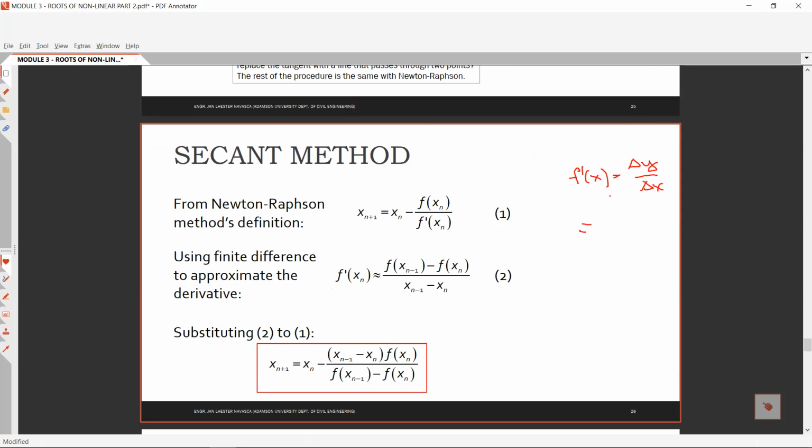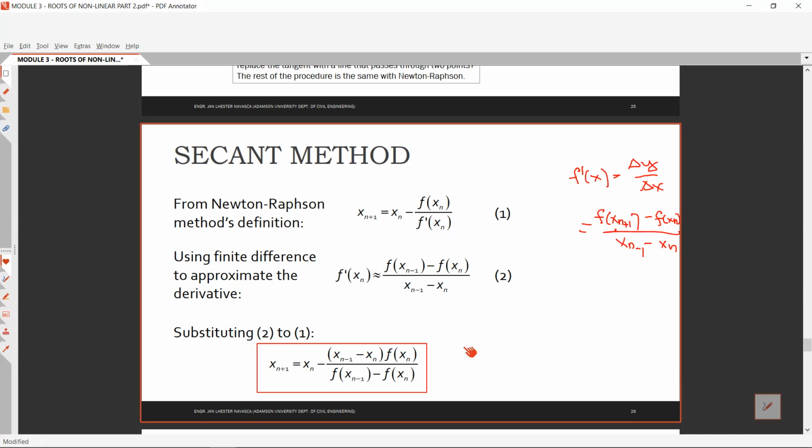Whereas change in y natin, pwede natin gawin yung f of x sub n plus 1 minus yung dating function, all over x of n plus 1 minus x of n. Okay? Ayan. Siyempre, mas malaki to kaysa dito. So, x of n minus 1 minus x of n. Okay. So, ang gagawin mo, isa-substitute mo lang to dito sa f prime of x.